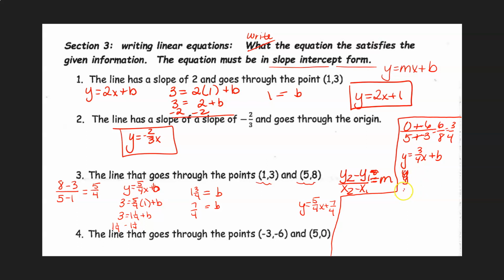So I have 0 equals 3/4 times 5, which gives me 15/4 plus b, and I got to subtract it to get it to the other side. So now when you put that all together, I have y equals 3/4 x minus 15/4. Yeah, it's fractiony, but those do happen.